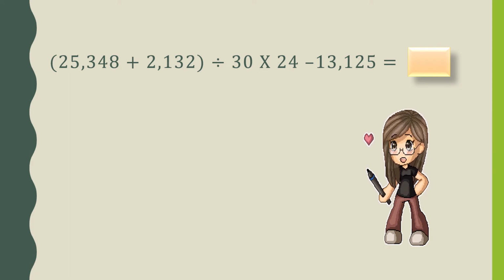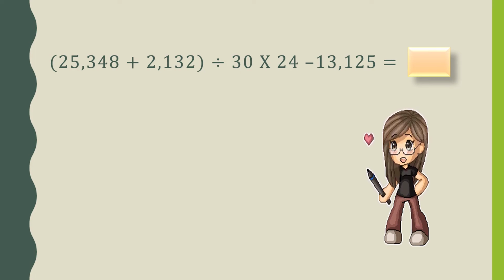Now Mickey is not around to remind you what to do first. But I'm sure that everybody remembers the order of operations. So the first thing to do is to work from left to right. And if there's a bracket, we have to do the operations in the brackets.